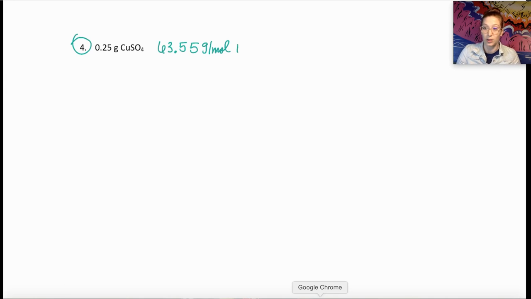Okay, plus 1 sulfur. S, that's 32.07. And then I've got 4 oxygens. So I want to add those all up together. Those are each 16.00 grams in 1 mole of oxygen atoms. Okay, and then I can add all these up together.